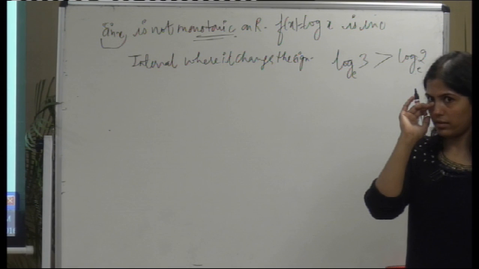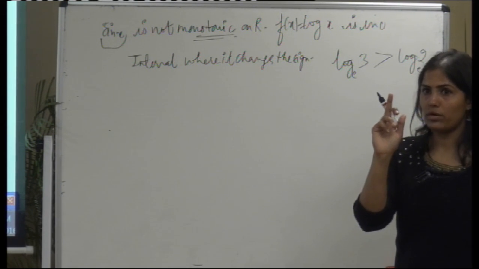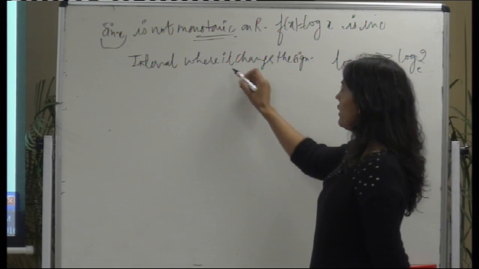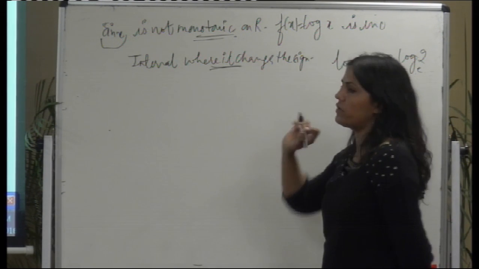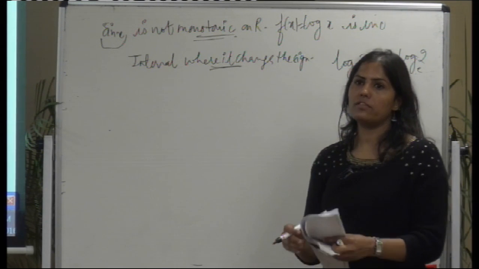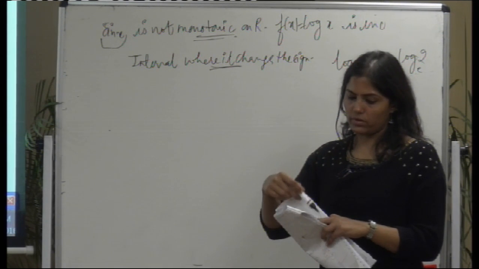You are sure now? One root, unique root. So there must be 100% an interval where it changes the sign. So give me that interval, where it is changing the sign. You know the log values even.